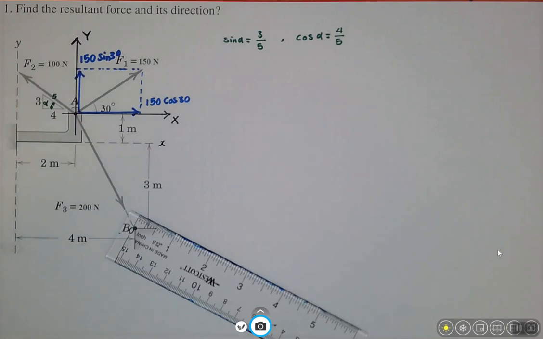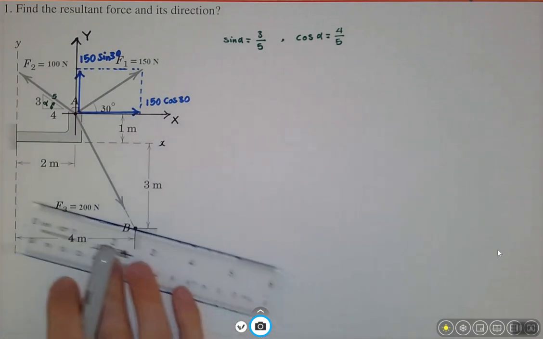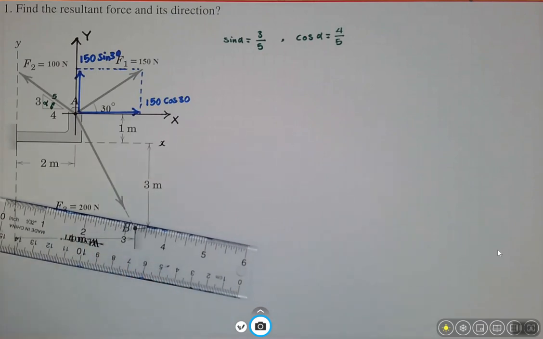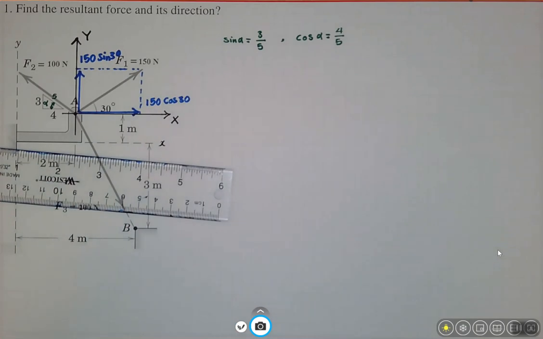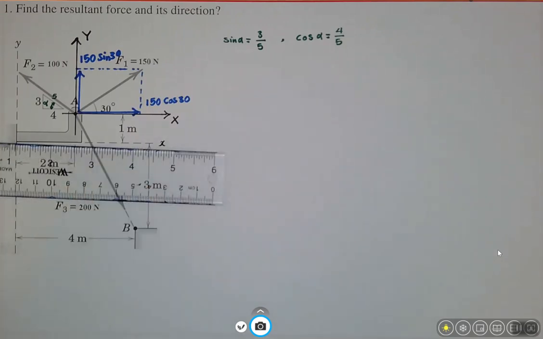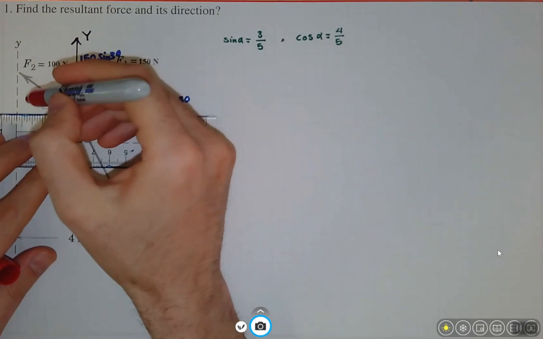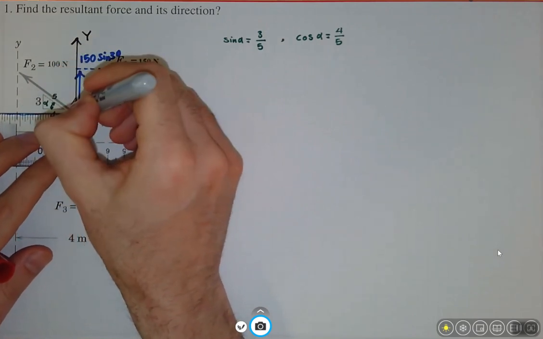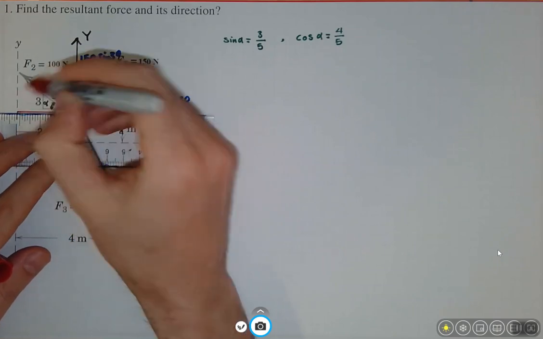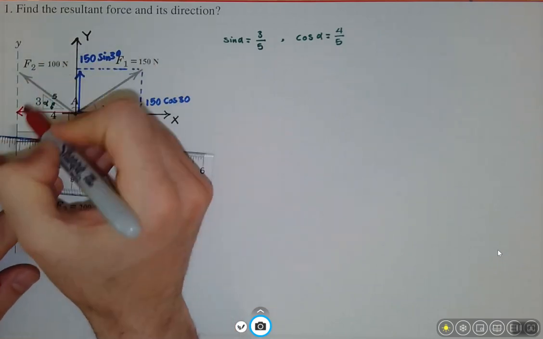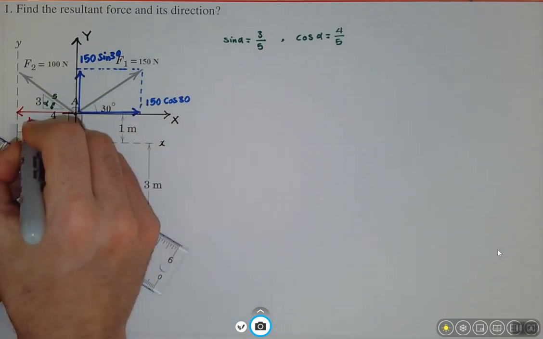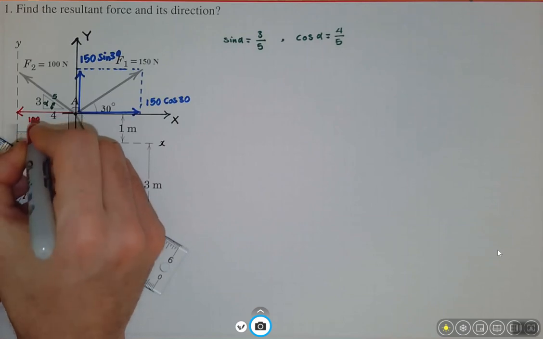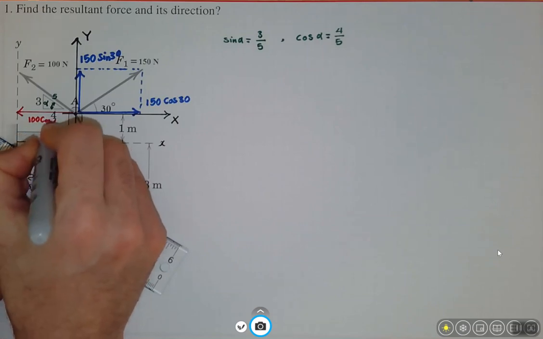So now that I have the angle, what I need to do is simply to find the component for this load. We repeat the process similar to what we did for F1. So we do it for F2. If I do so, then I end up with a component in the opposite of X direction, and it will be 100 cosine alpha.